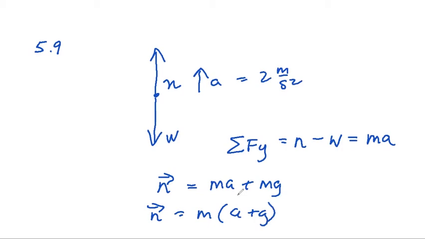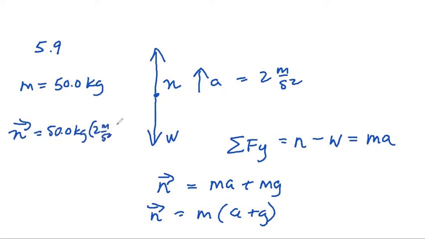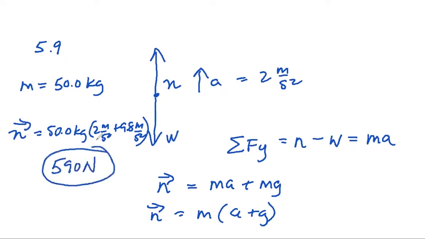The mass we're talking about is not the elevator's mass, it's the woman's mass inside, and her mass is 50.0 kilograms. So the normal force equals 50.0 kg times 2 meters per second squared plus 9.8 meters per second squared, and that whole thing is equal to 590 newtons. All right, 590.